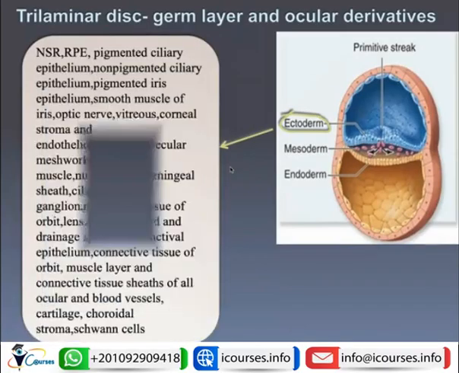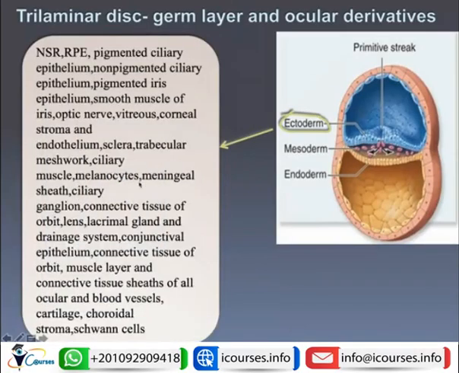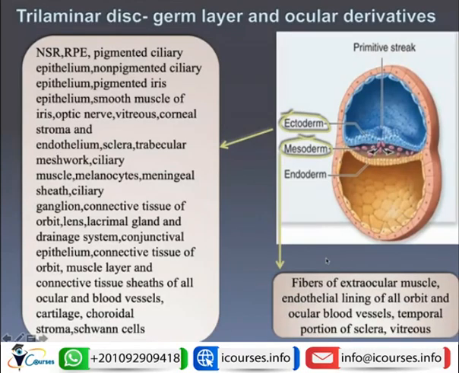Here is a list of the structures developed by the ectoderm, and here is the list of structures developed by the mesoderm. These are the main layers that will form most of the tissues of the eye.